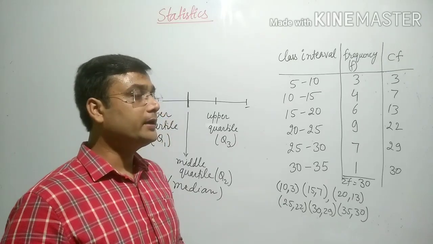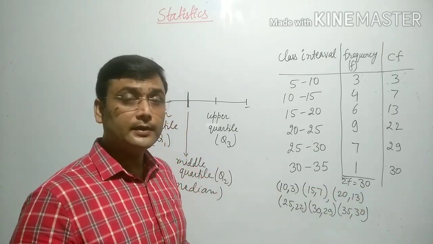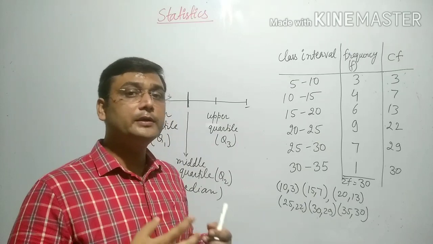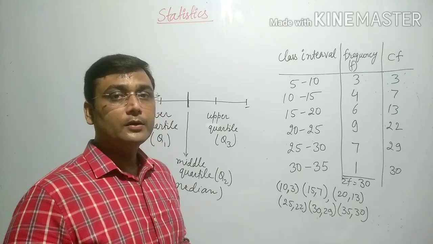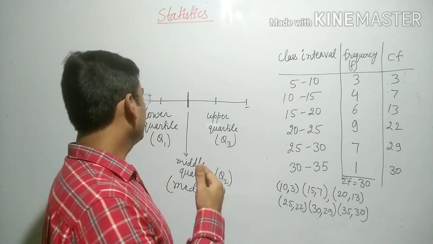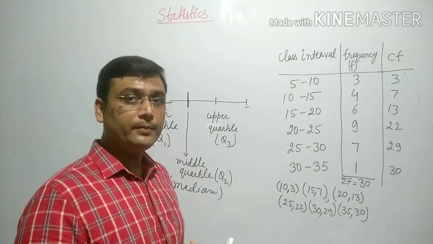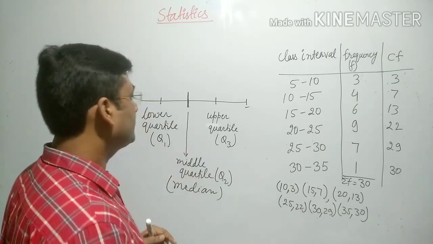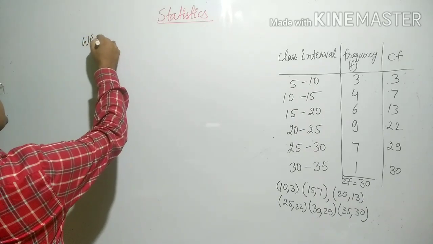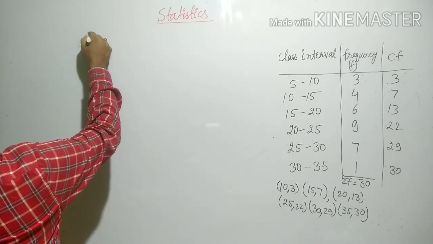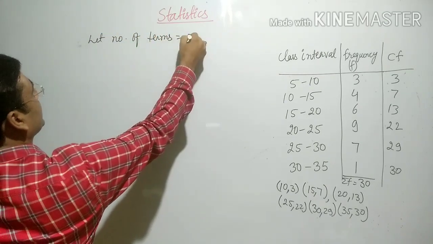Before that, it is very important to understand that sometimes you will see whether the number of data terms is even or odd, and then how you will decide which formula to implement there. So I am writing which formula you will implement for odd and even, for the lower quartile, the median and then the upper quartile. Suppose the number of terms is equal to n.